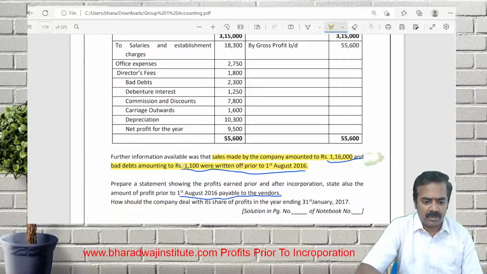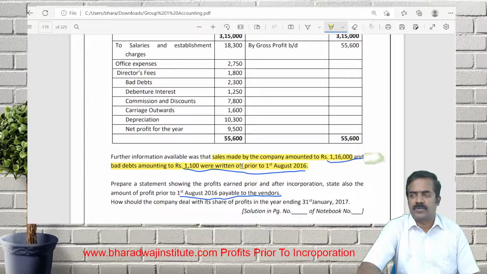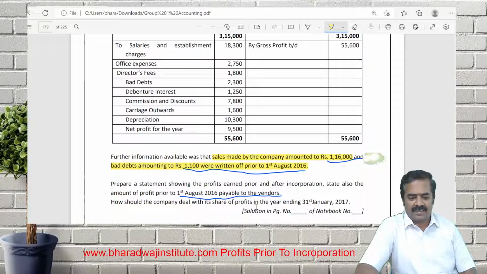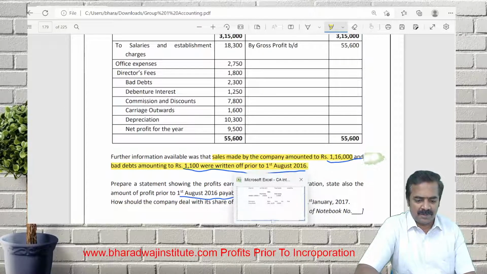Bad debts amounting to 1,100 written off prior to 1st August 2016 is for the pre-incorporation period. Just to merge the sentences they have used 'and'.